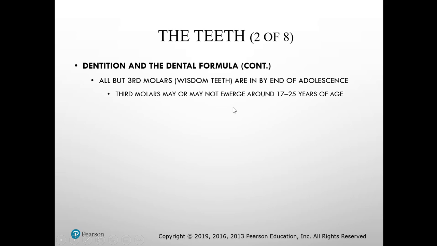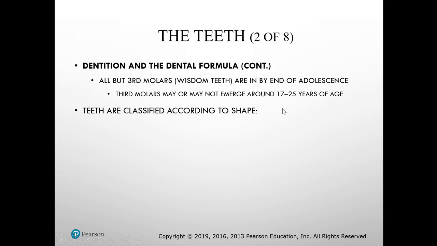All right, so let's take a look at some of the teeth. All teeth but third molars. The third molars, which are the wisdom teeth, may or may not emerge. They do emerge later between 17 to about 25 years of age.